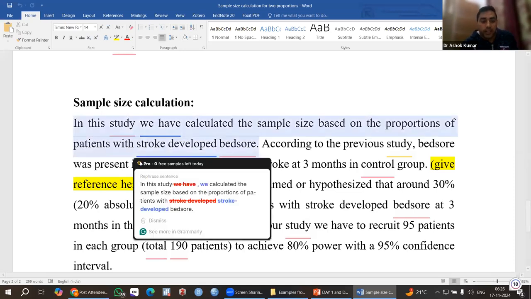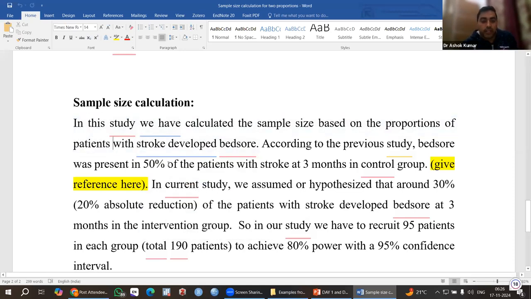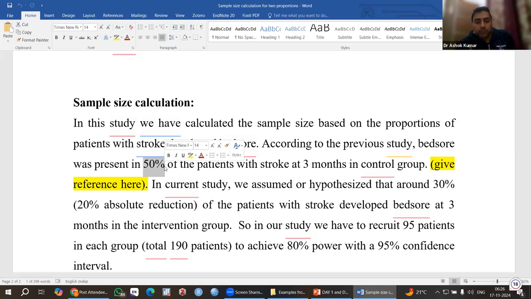Or if in the control group the success rate is 50%, what do we want in the intervention group? Below 50% or below 60%? No, we want the success rate higher compared to the control group. We want 70%, 80%, whatever.